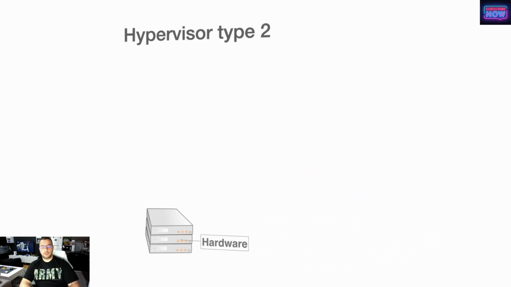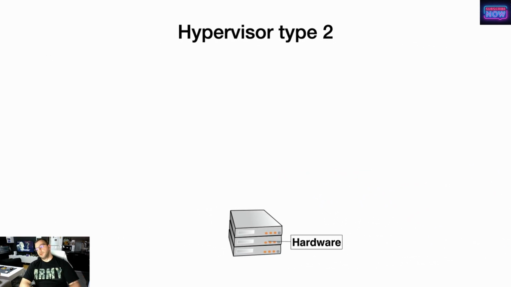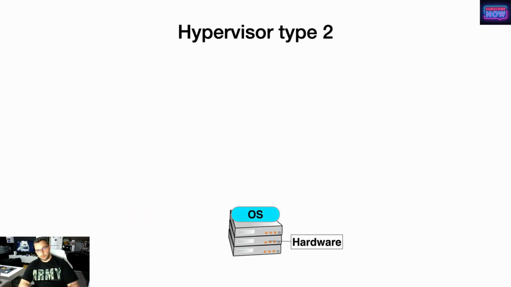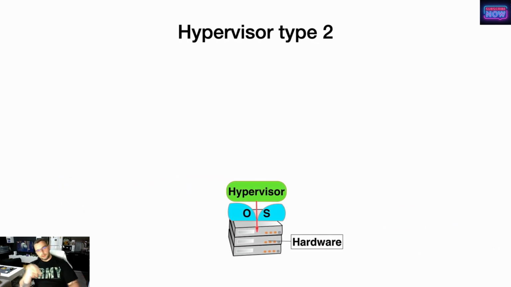And then we have hypervisor type 2, where we again have just a machine on which we are going to install an operating system, say Windows, or Mac, doesn't matter. And on the operating system we are going to install the hypervisor, which is basically an application, just like any other.